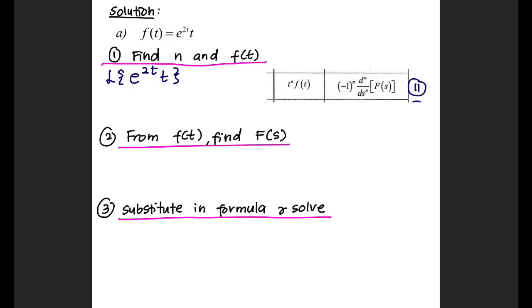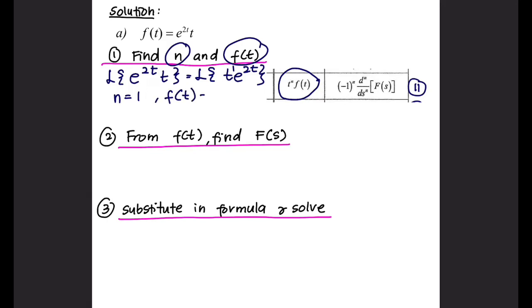If you refer to the table, you can see t power of n multiplied with f(t). So rearrange the function, t exponent 2t, and then after that determine n and f(t). So n equals 1 because t power of 1. Then f(t) equals exponent 2t.